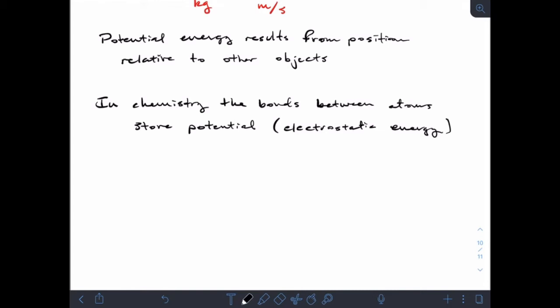So the basic unit of energy, the SI unit, and I mentioned this, I think, in the first video, is the joule. Capital J. And if you'll remember, a joule is a derived unit, which equals 1 kilogram meter squared over seconds squared.